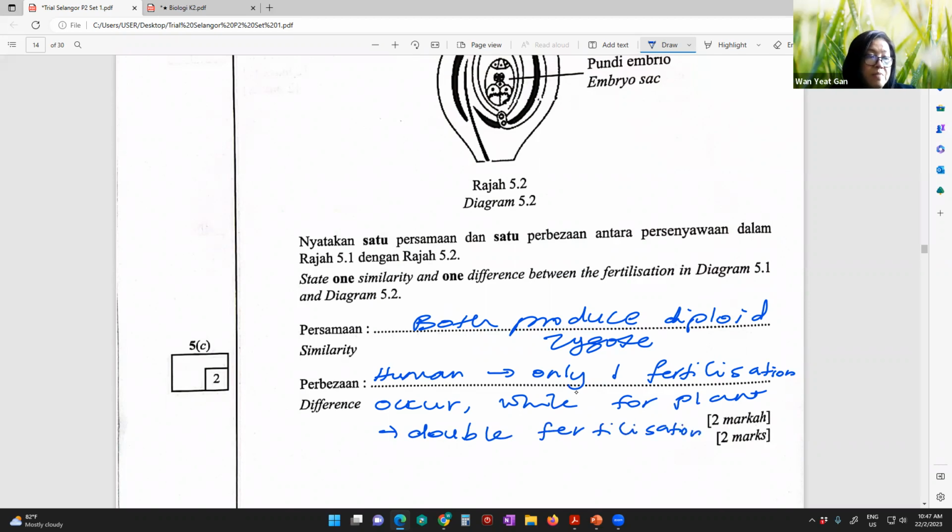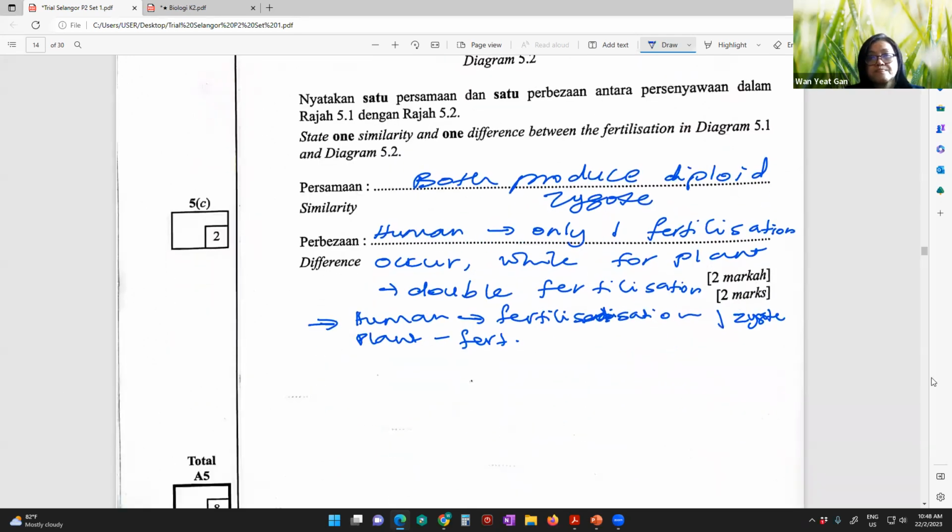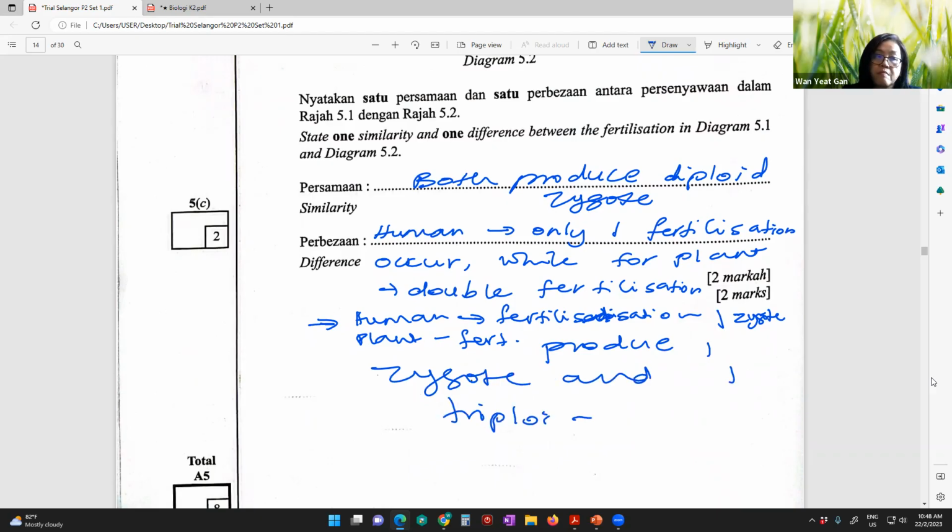And another one is for human, fertilization produces one zygote, whereas for plant, fertilization produce one zygote and one triploid endosperm nucleus.